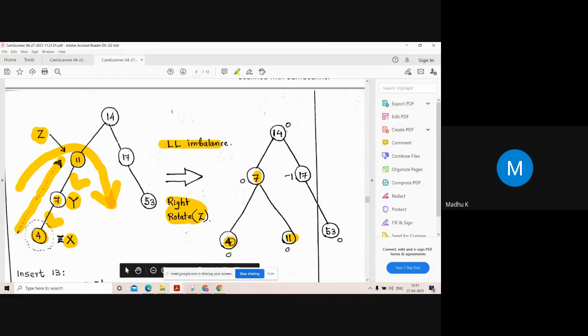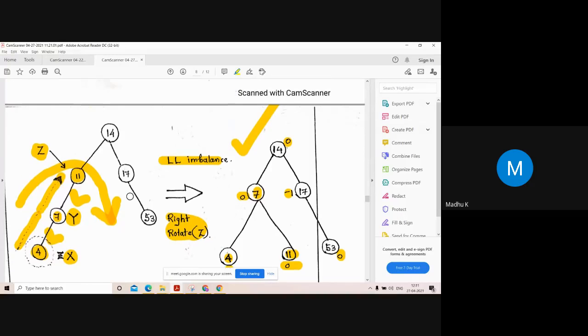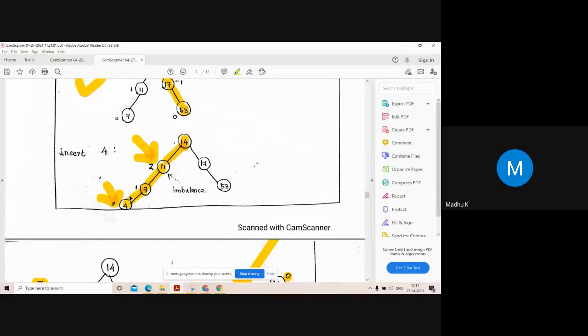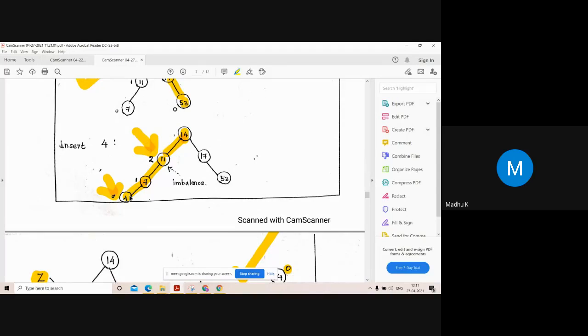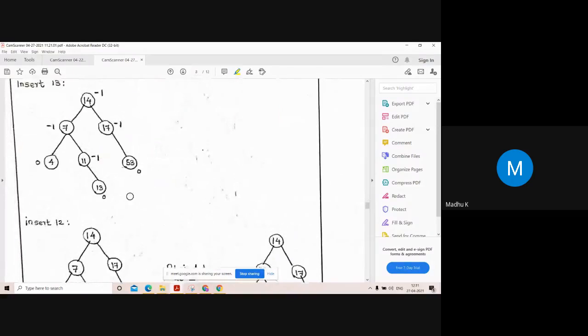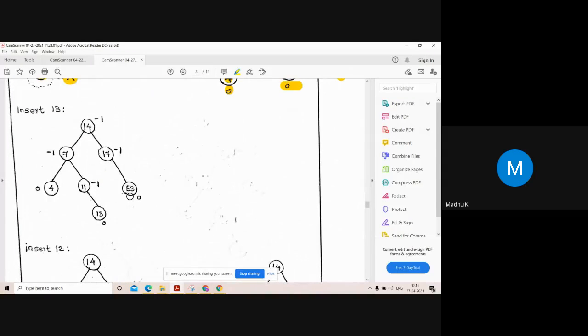Then I will calculate the balancing factor. The balancing factor of each node is 0, 1 or minus 1. So this is an AVL tree. So this is the way to handle the imbalance. Okay, insert 4. Next is insert 13.